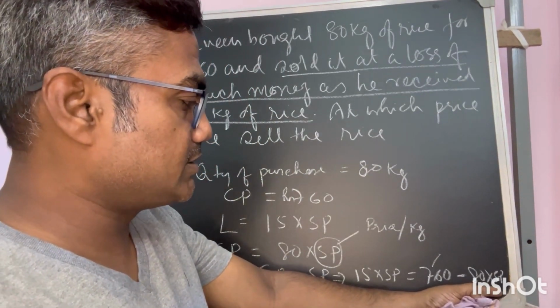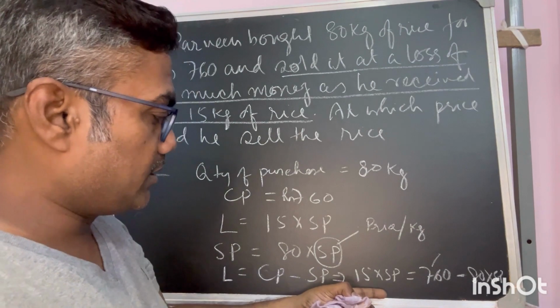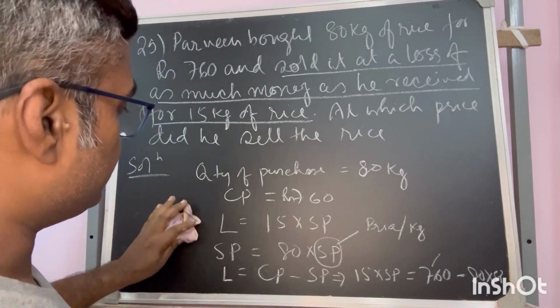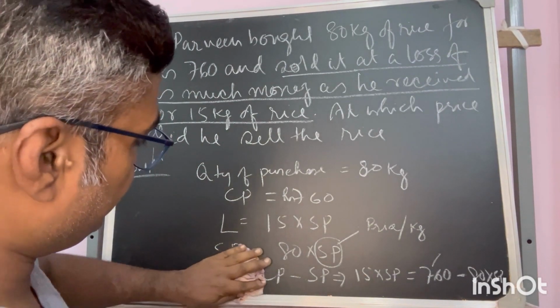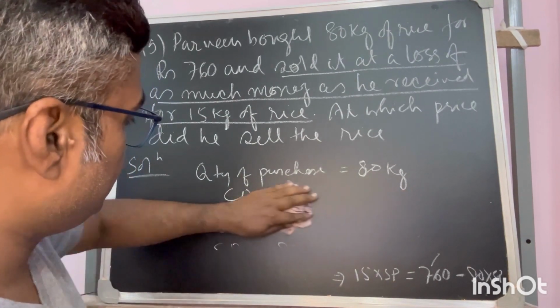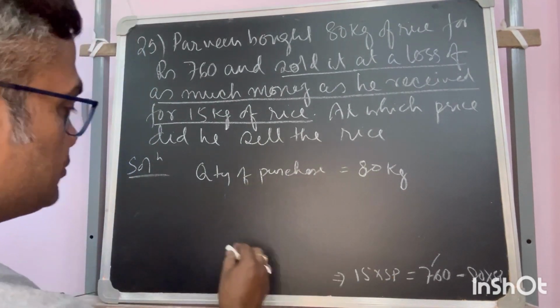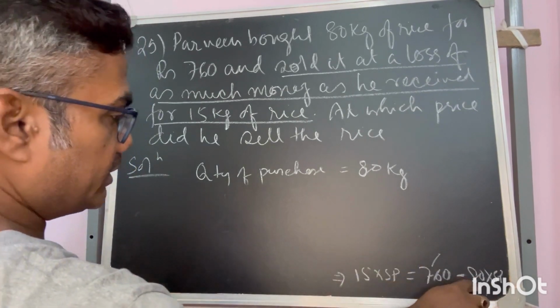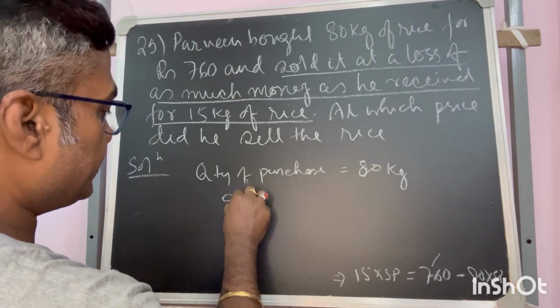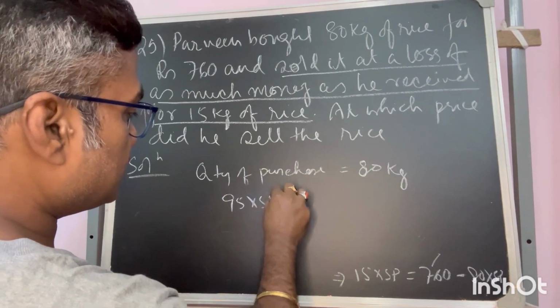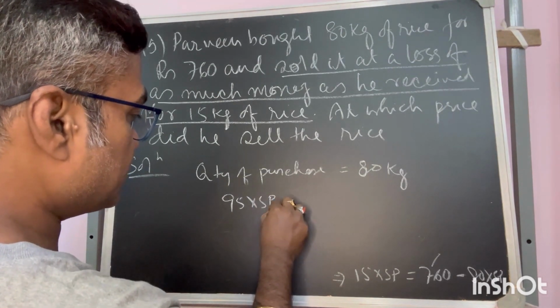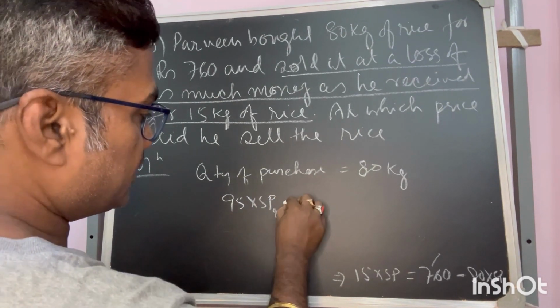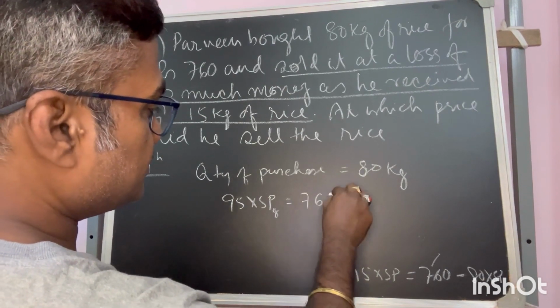So the 80 kg selling price is 80 into selling price, and the loss is 15 into selling price. So 80 plus 15 is equal to 95 into the selling price per kg, equal to 760.